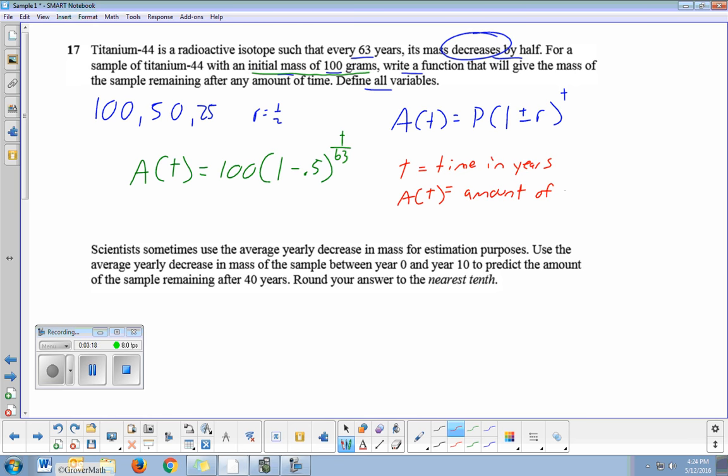So we'll say amount of mass after t years. I'm writing really sloppy letters today. After t years. And when they say define all the variables, they really do want you to write that. That's not an optional thing.